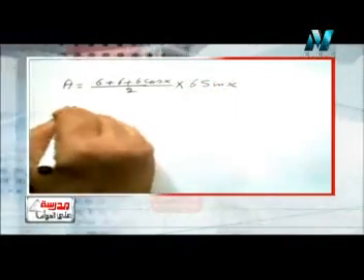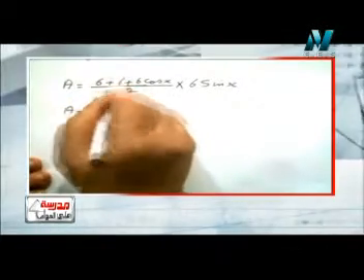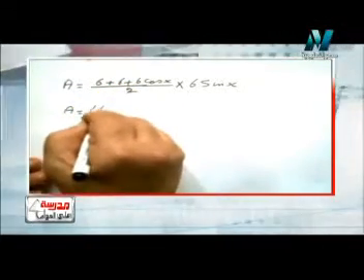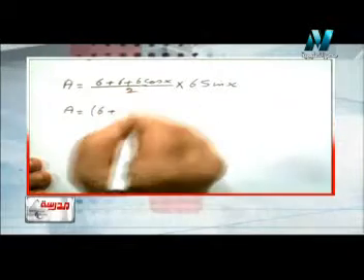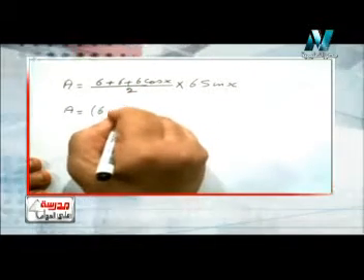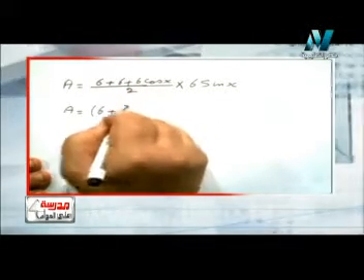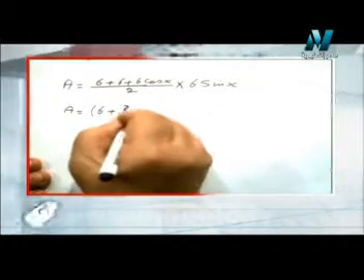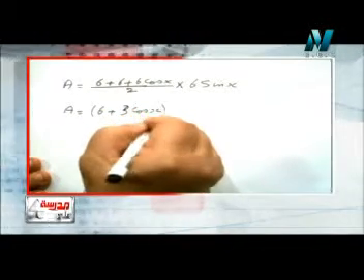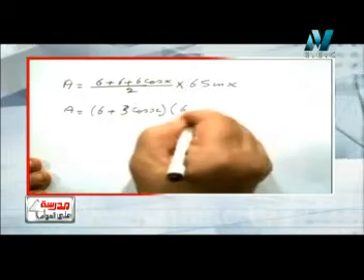Then A equals 6 plus 12 over 2, which is 6 plus 6 cosine x, all multiplied by 6 sine x.